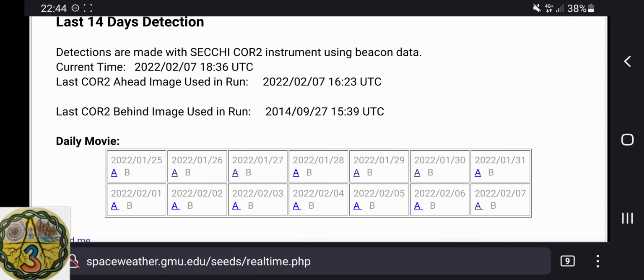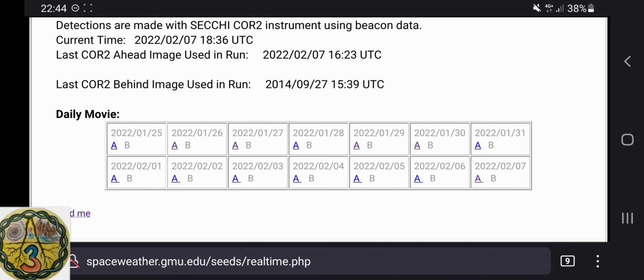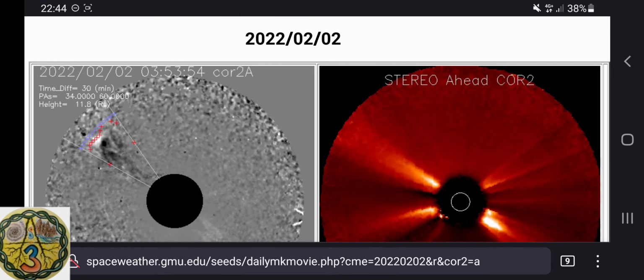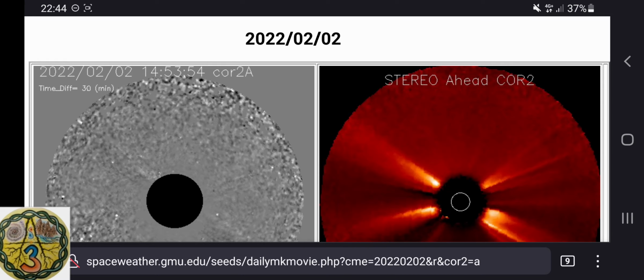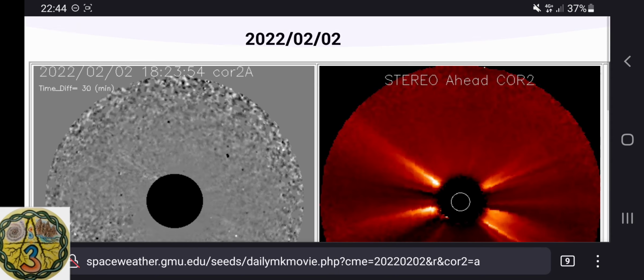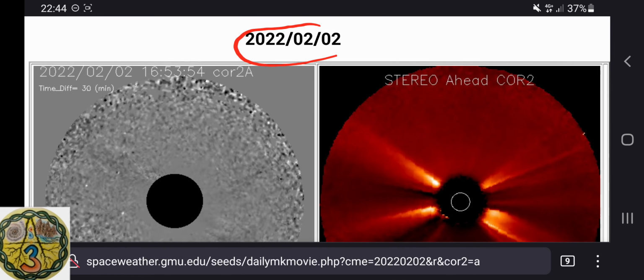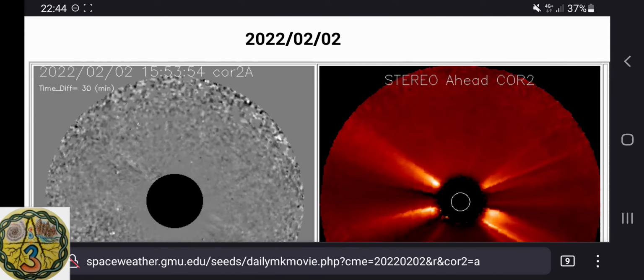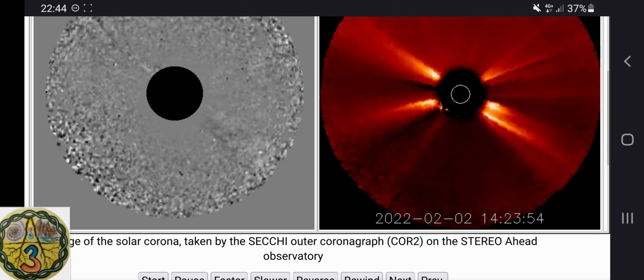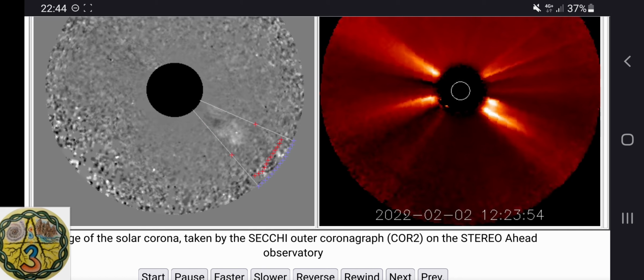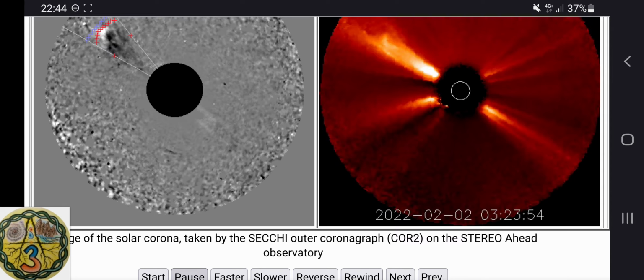So we are back at the page. Now let's go 1, 2, 3, 4, 5 days back, and we found many tools. Check it out. Many tools. So it's really fast. Where's pause here?